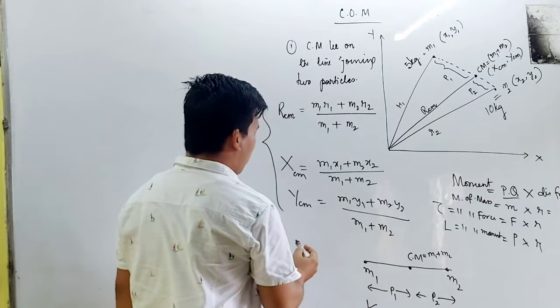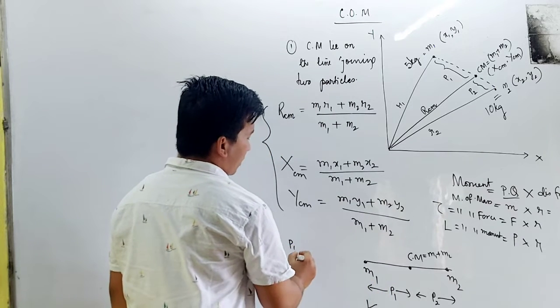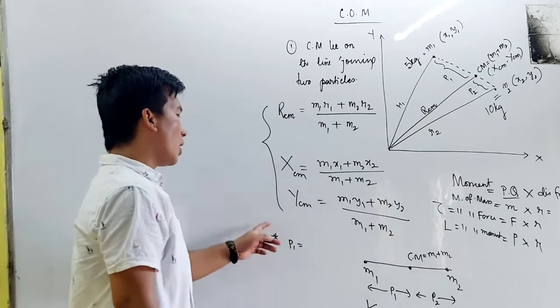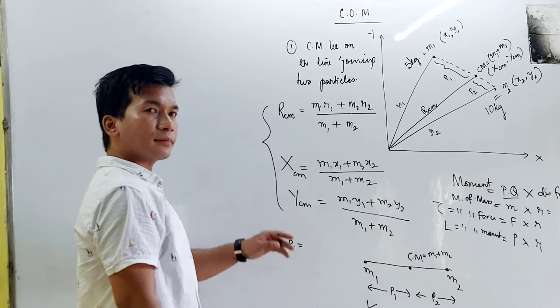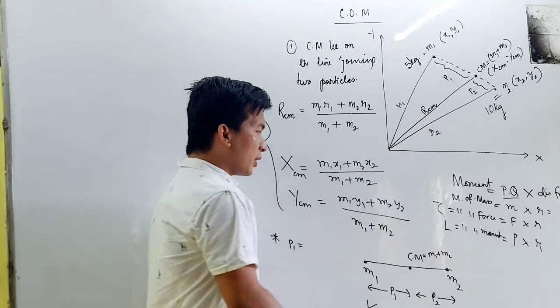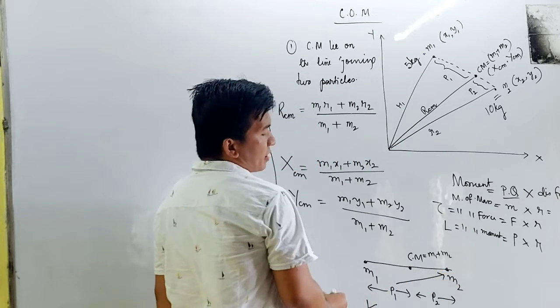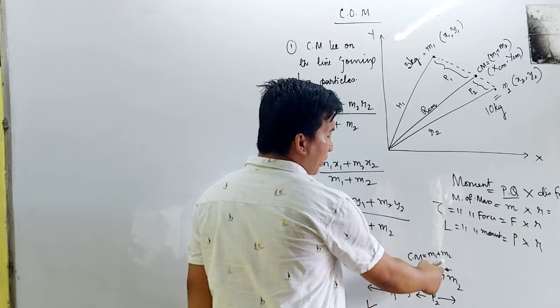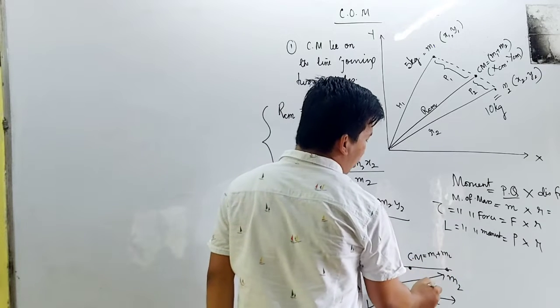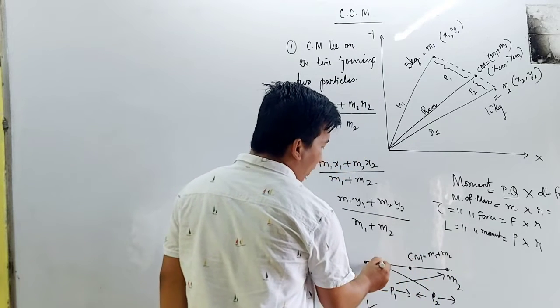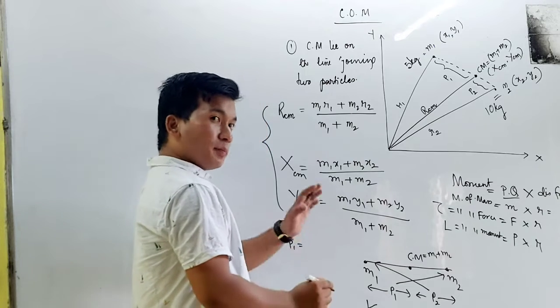How to find out your P1? You should take the cross multiplication. P1 should come along with your M2, and P2 will come along with your M1. Simple enough.